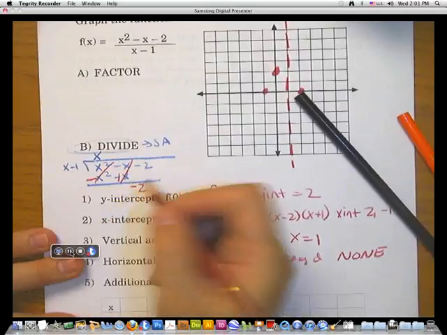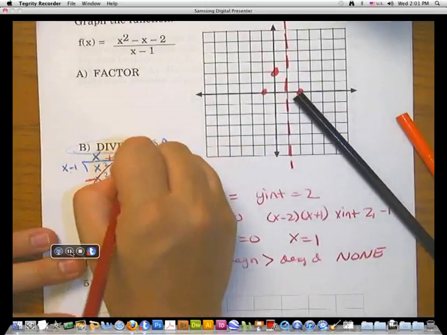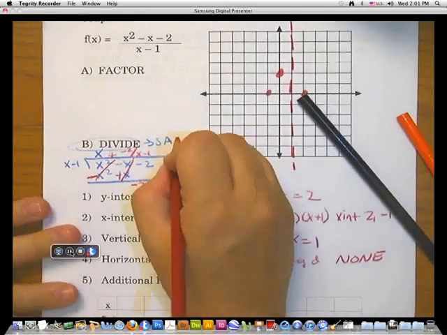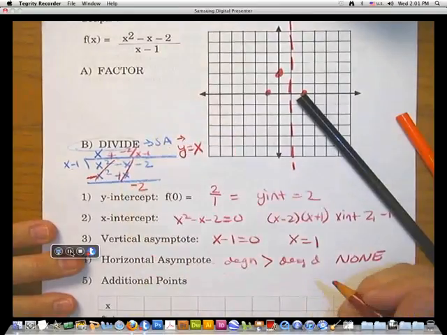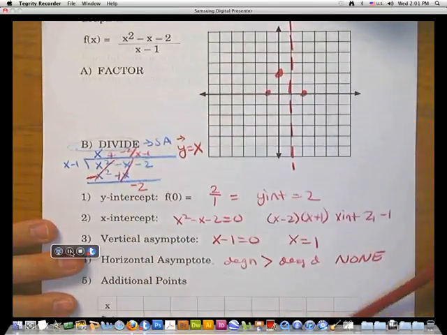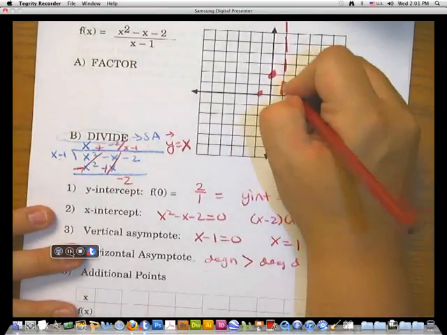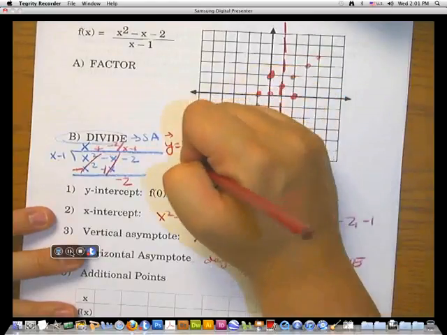That does not go into it, therefore that's a remainder. But we don't care about a remainder when we talk about a slant asymptote. The slant asymptote is y equals x. It's only the whole part that goes into it. So y equals x starts at the origin, has a slope of 1 over 1.